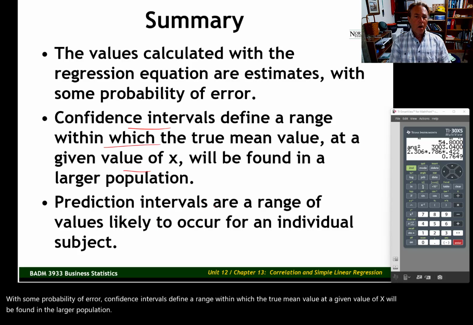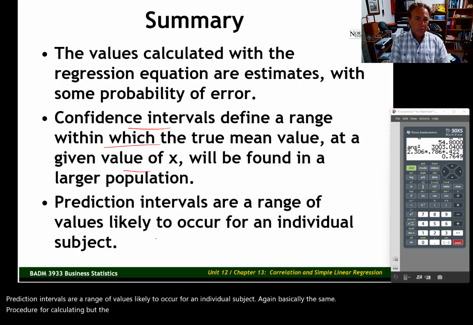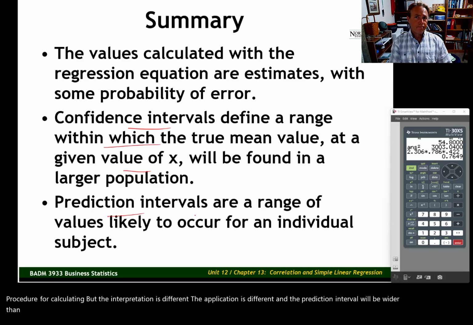Prediction intervals are a range of values likely to occur for an individual subject. Again, basically the same procedure for calculating, but the interpretation is different, the application is different, and the prediction interval will be wider than the confidence interval.